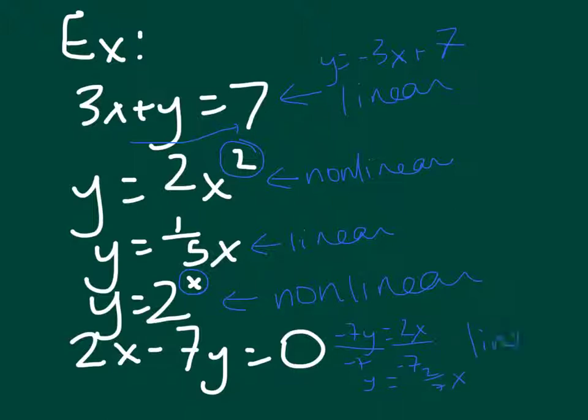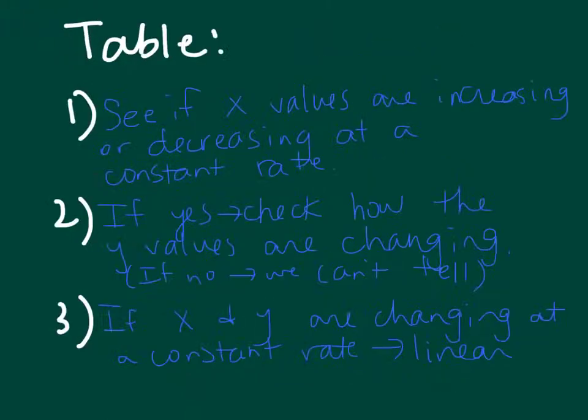Sure, that is linear. Now, if I'm looking at a table of values and I have some x and y values and I want to decide if it's linear or not, first thing I'm going to do is check my x values and see, are they increasing or decreasing at a constant rate?